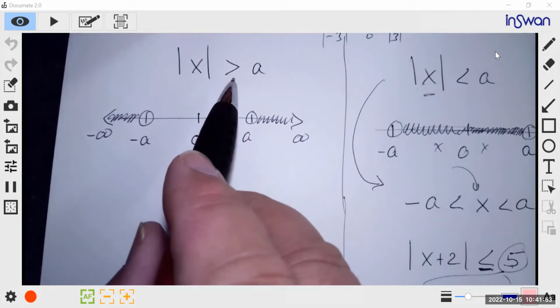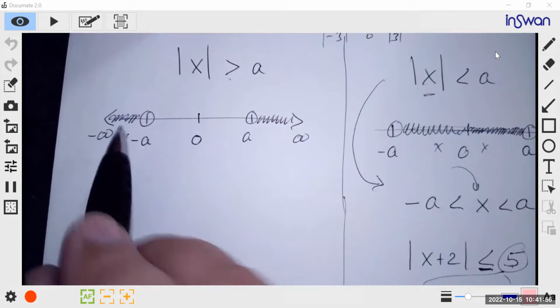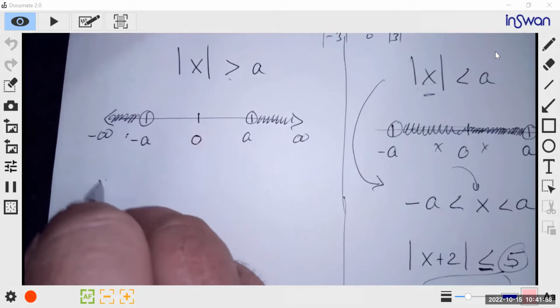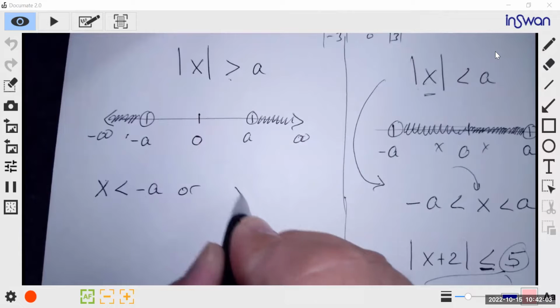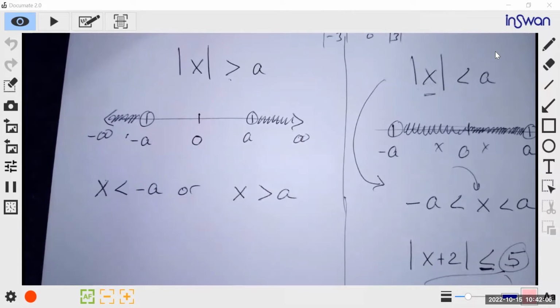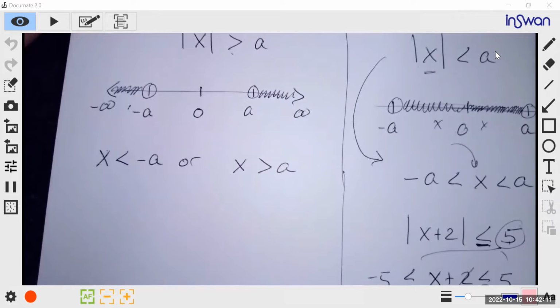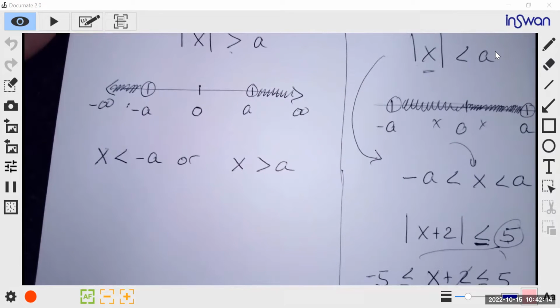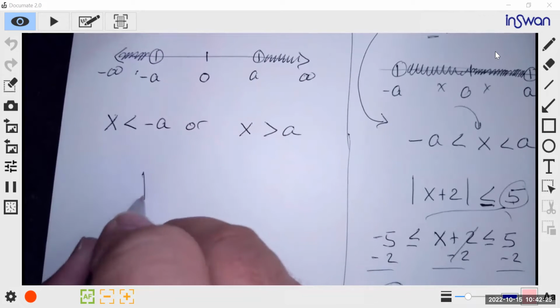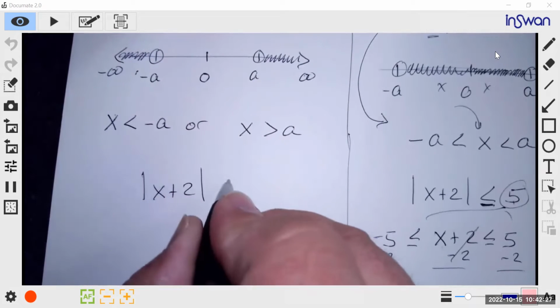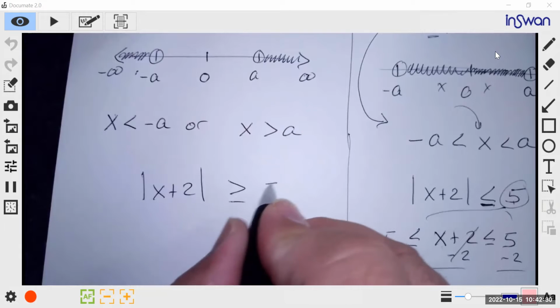So if it's greater than, two things occur. When we drop the absolute value, x can be less than negative a, or x can be greater than positive a. We're going two different directions. So we have x plus 2 is greater than or equal to 5.